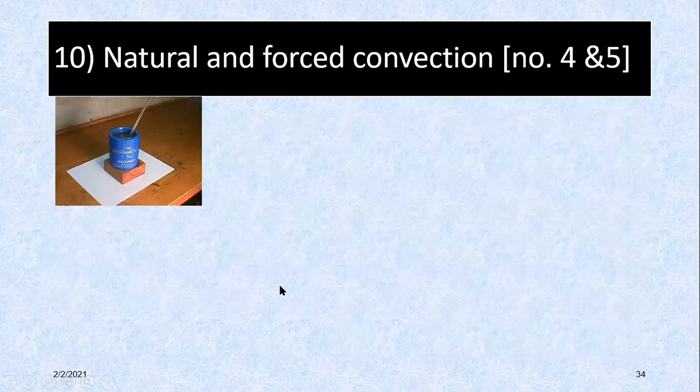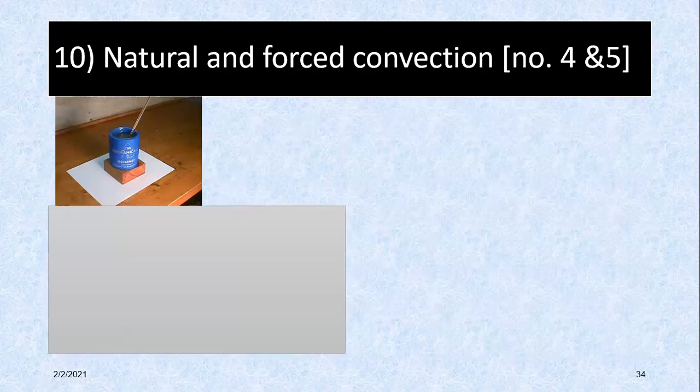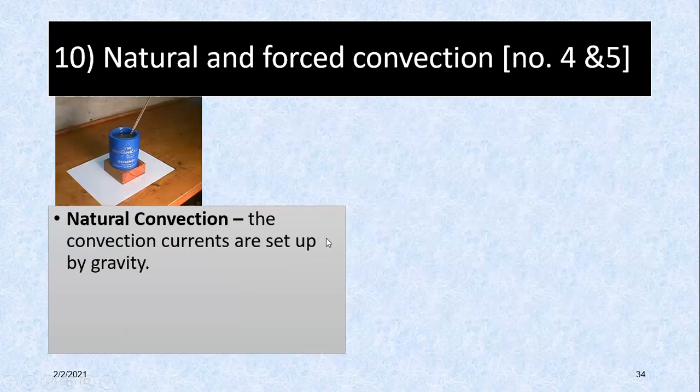Then we have natural and forced convection, number 4 and 5 in your note. This is called natural. Nothing there. You just let the normal air flow to it, so that it will lose heat. Convection currents are set up by gravity. Cold fluid is of higher density, so it sinks.